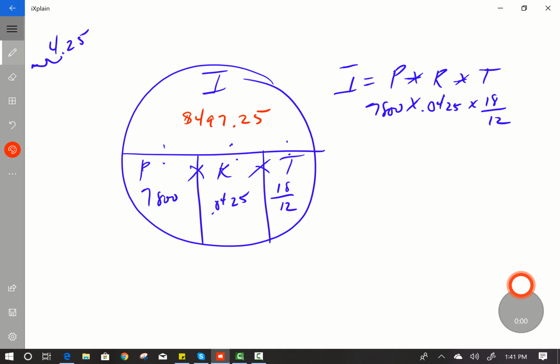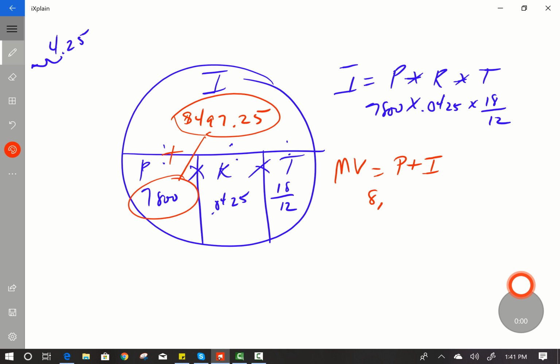Now, the maturity value is equal to principal plus the interest. So I'm going to add the interest to the principal, add those two together, and that's going to give me $8,297.25.